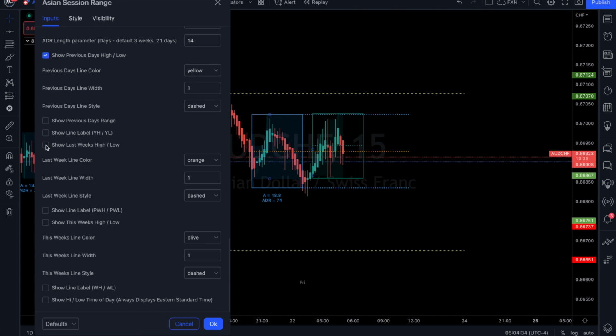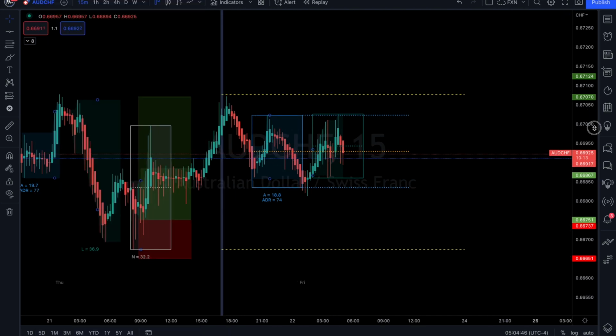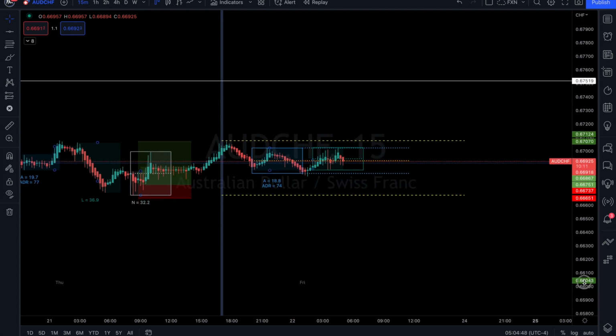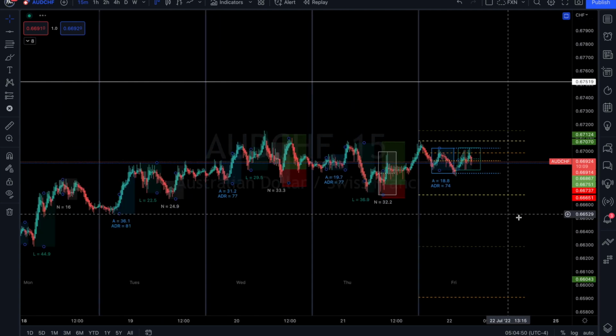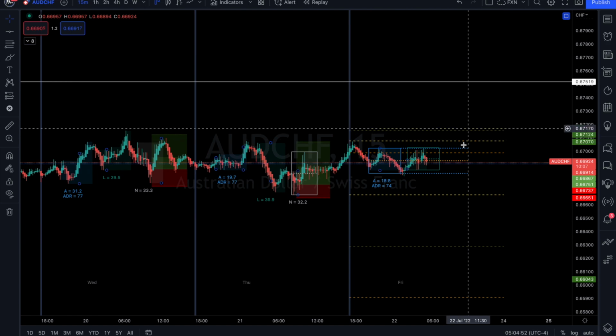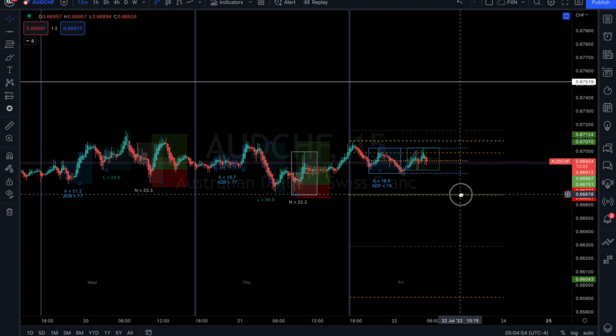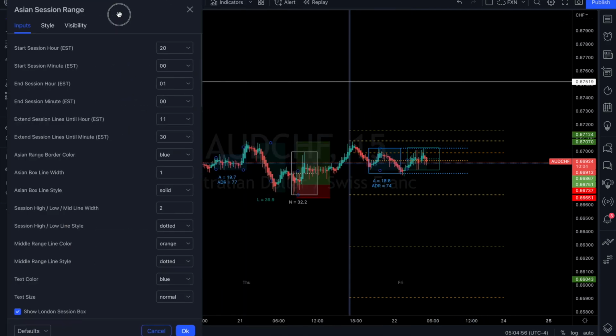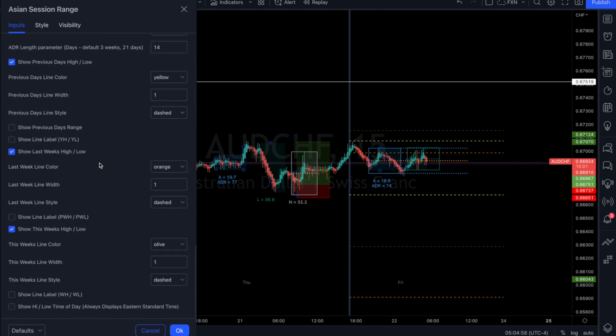I also use last week's high and low, and I use this week's high and low. Essentially you'll start to see lines appearing on the chart. You see them just appear here.